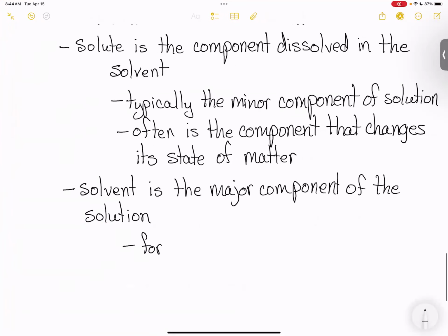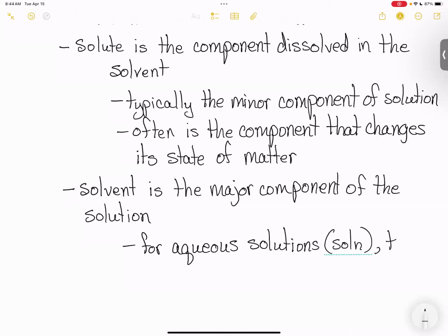For aqueous solutions, which is what we will primarily deal with, the solvent is water.